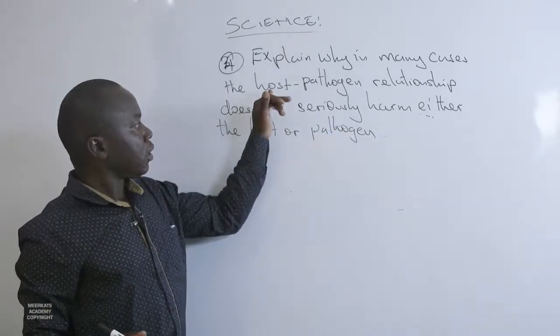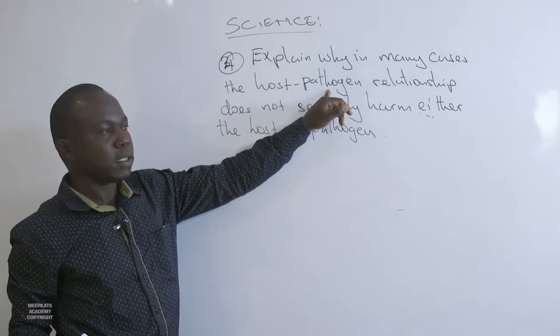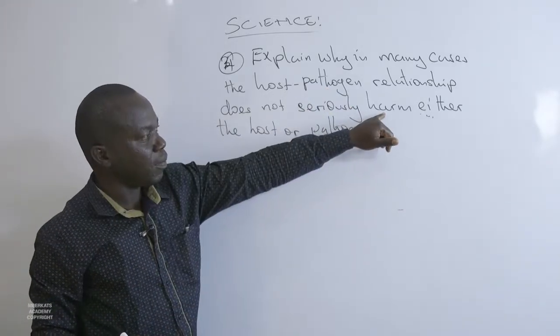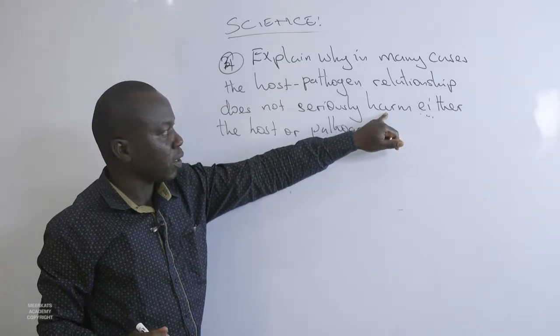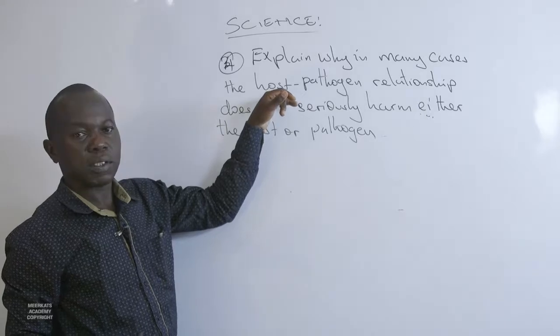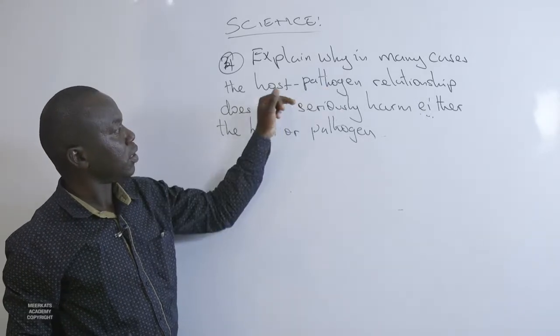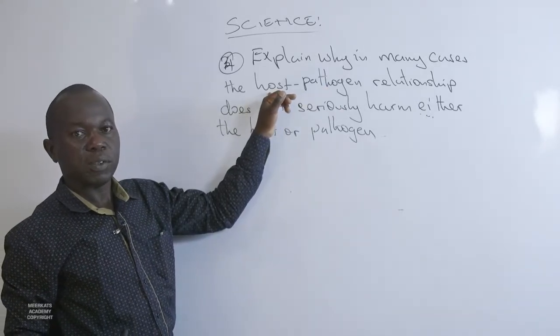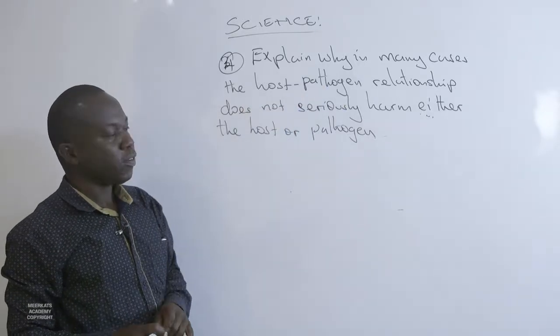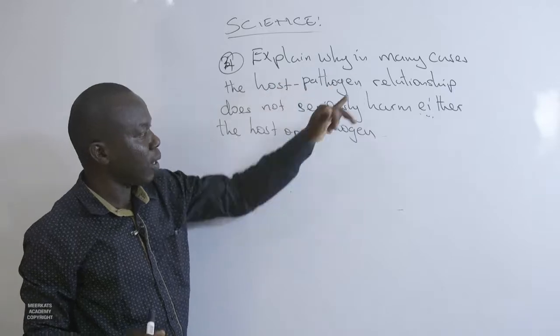So there is a host-pathogen relationship, but in other words, there must be a balance so that we do not have a very harmful effect on both the host and pathogen, but specifically the host, because the pathogen invades the host. If it's going to be so virulent that it causes death of the host, there will be problems. So explain why.